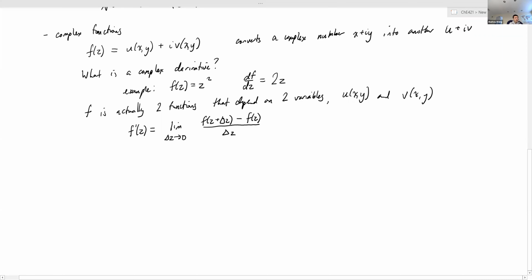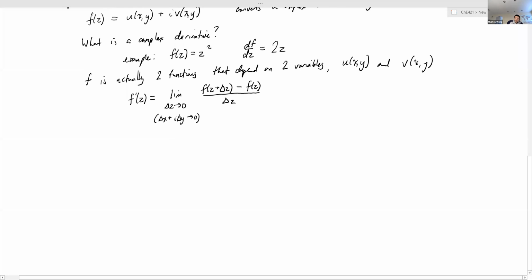Okay? But of course, when I say that delta z goes to 0, what that actually means is that delta x plus i delta y go to 0. So in other words, both delta x and delta y go to 0, right?